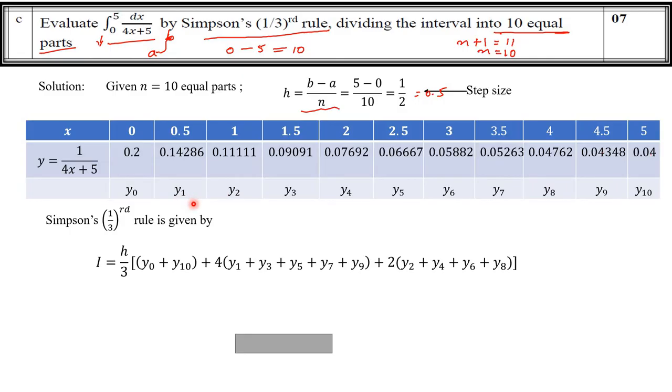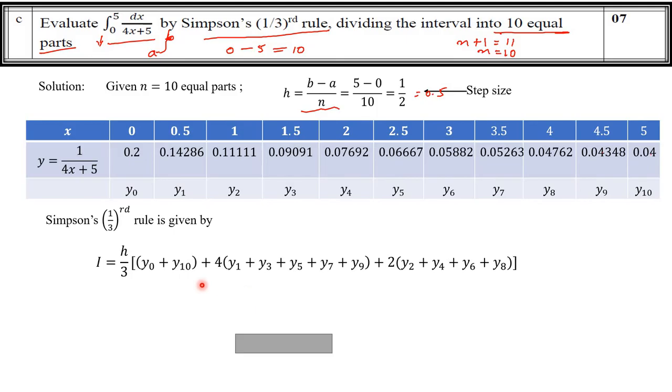You should observe non-multiples of 2. So 4 times y1 plus y3 plus y5 plus y7 plus y9, plus 2 times the multiples of 2, that is y2 plus y4 plus y6 plus y8. No need to repeat the end intervals once again. Once y0 and y10 are written, you should not consider those two values anywhere else. Be careful of this formula.